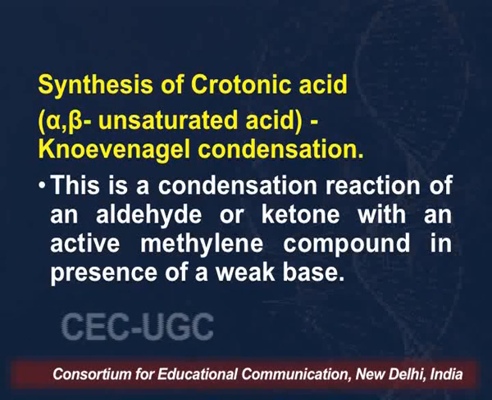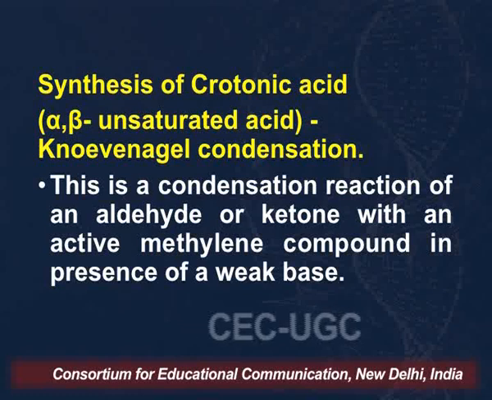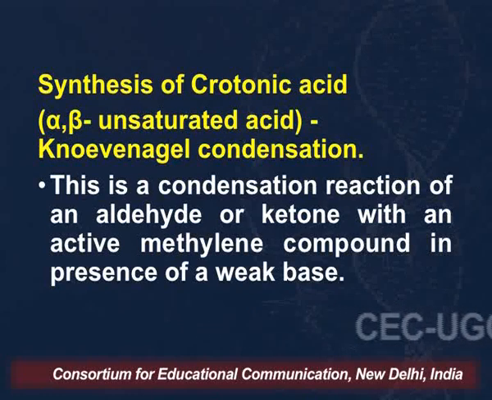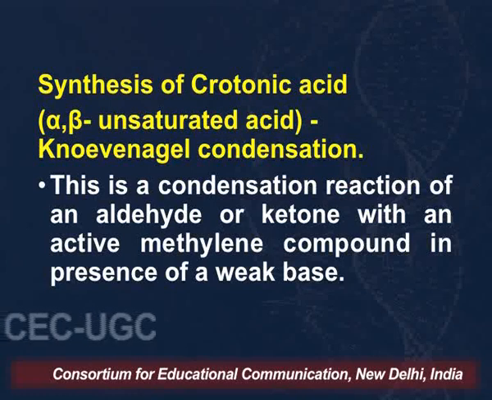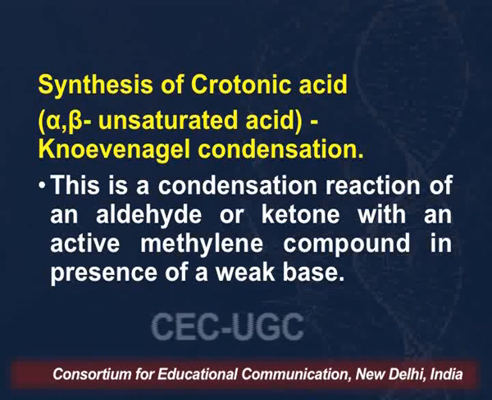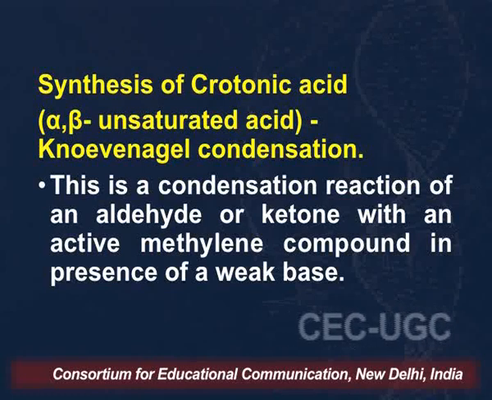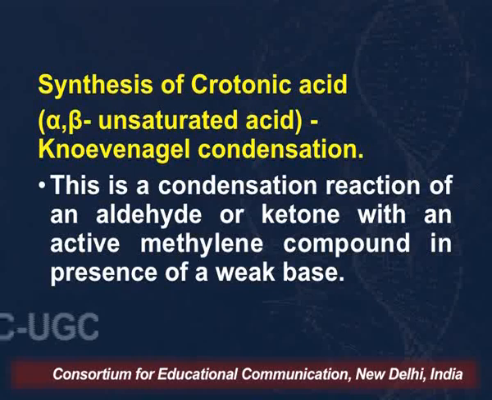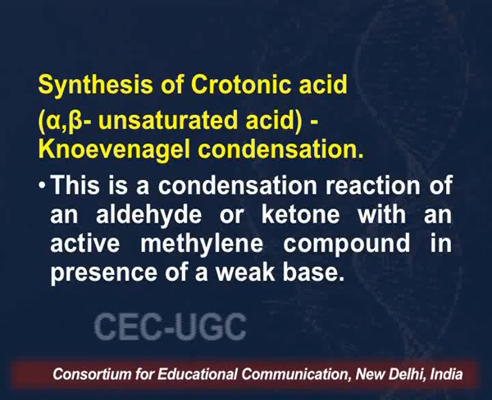So when we talk of preparation of alpha beta unsaturated acids, this is using the Knoevenagel condensation reaction. This is a condensation reaction of an aldehyde or ketone with an active methylene compound in presence of a weak base.